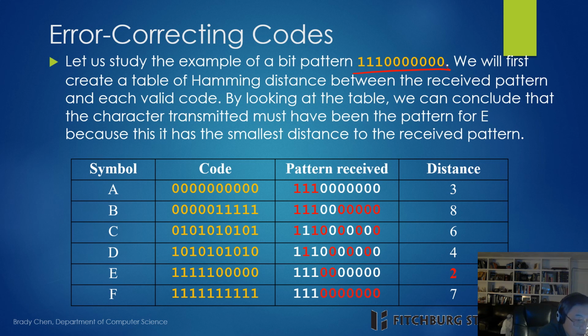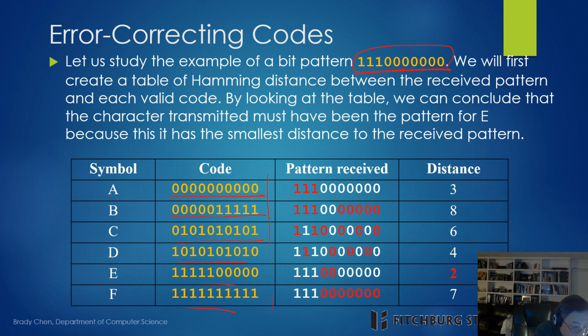It's 10 bits, right? Now we compare with the table. We know that in the table, this is the bit pattern for A, this is the bit pattern for B, this is for C, D, E, F. And we compare the received bit pattern with any of these. There's no match, right?